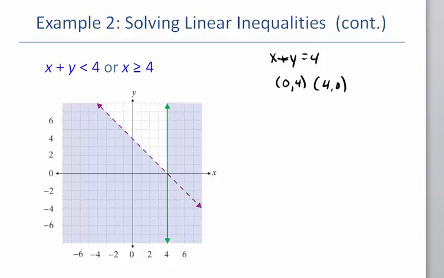And so we'll plot both of those points. Here is 0, 4, and here is 4, 0. We'll connect those two dots with a dotted line because recall that if this is a less than or a greater than without the equal to underneath, it graphs as a dotted line.